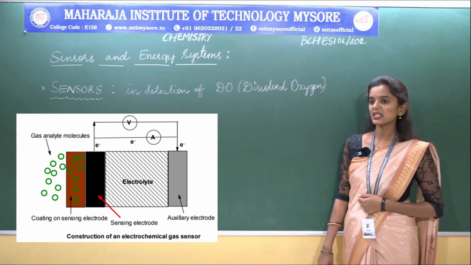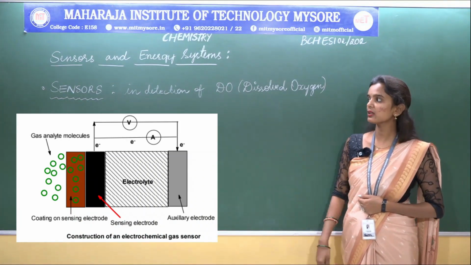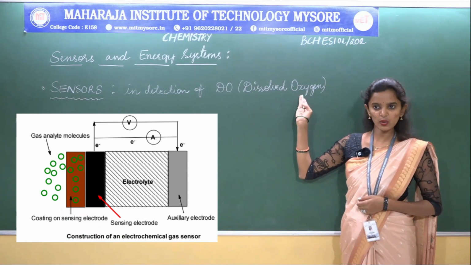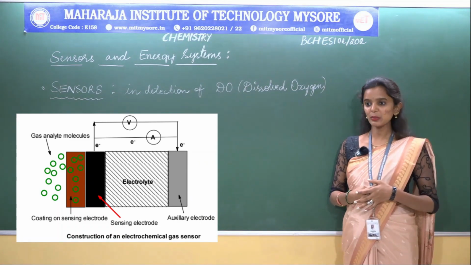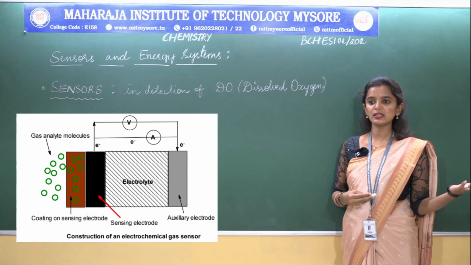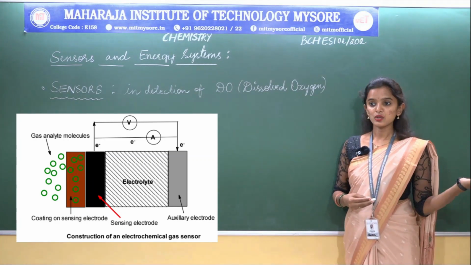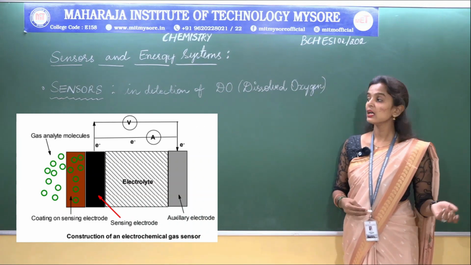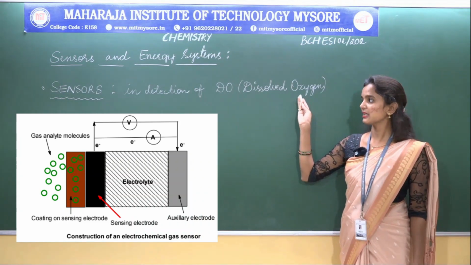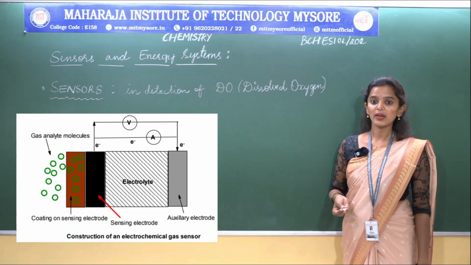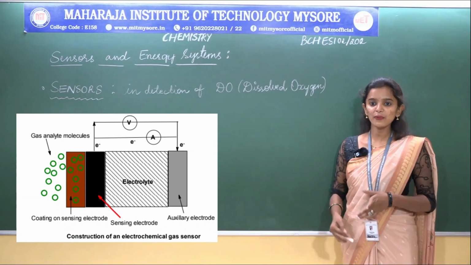Electrochemical sensors play a vital role in detection of pharmaceuticals like diclofenac, hydrocarbons like 1-hydroxypyrene, and we also use them in detection of dissolved oxygen, where oxygen is present in its dissolved form.